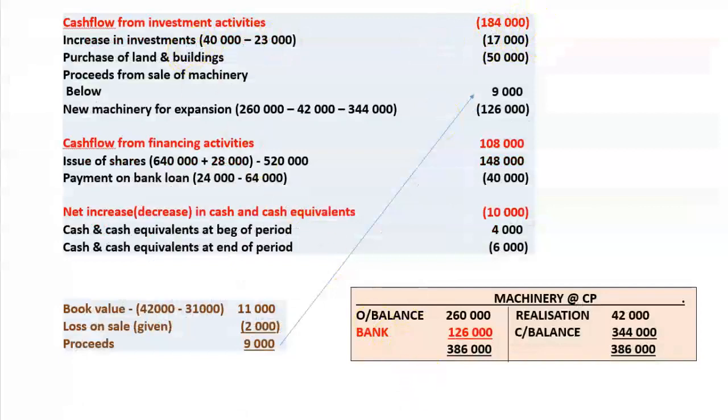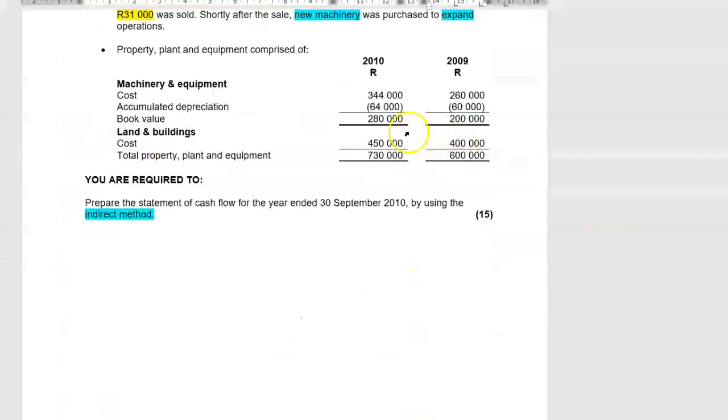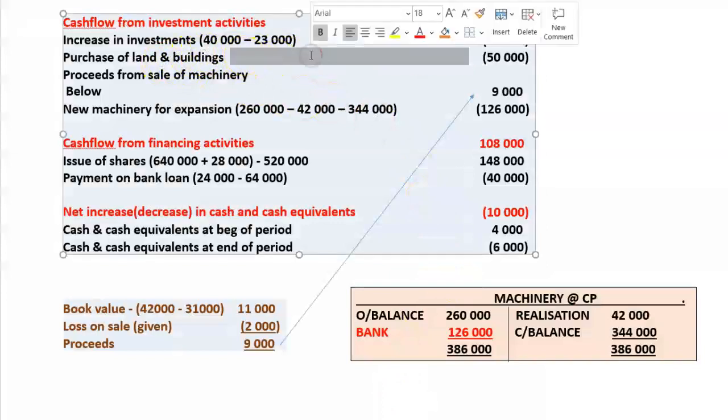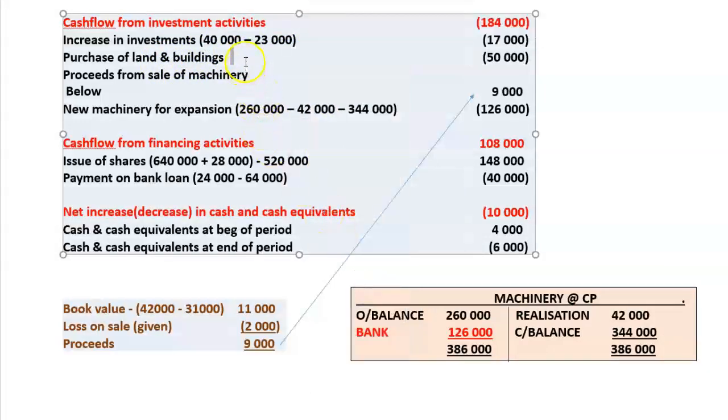If you remember our land and buildings, there was quite an increase there of 50,000 Rand. So the purchase of land and buildings, 50,000, and I think it is fair to say that that is going to be for expansion purposes. So let's put that in there as well.